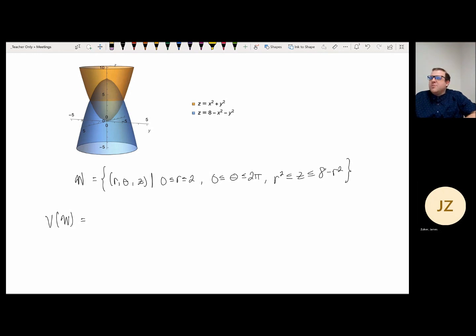Because we decided to do cylindrical coordinates. But you can also do spherical. Well, r theta is polar, right? So when you're in cylindrical coordinates, the r and theta are the same as polar. So really you can think of cylindrical as polar coordinates with height, which is where the z comes in.